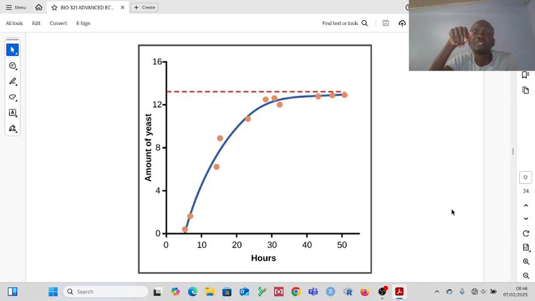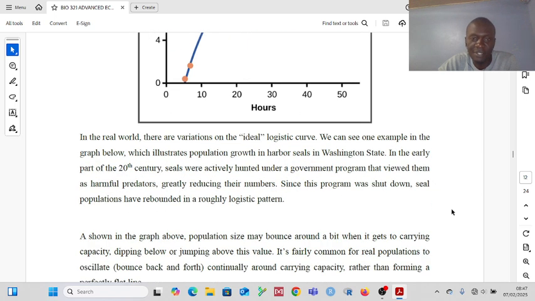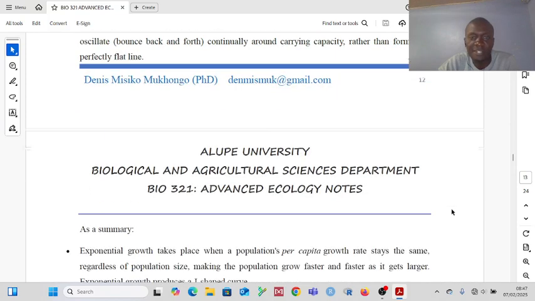Once the population decreases slightly, there are more resources, then the growth rate increases again. Then it hits the carrying capacity, then it stops. Then a few more die because of old age or other things, then the rate increases again. So it's up and down, but on average, it cannot go beyond the carrying capacity.